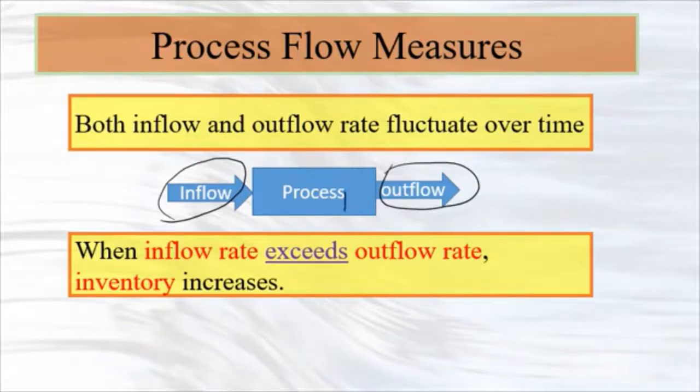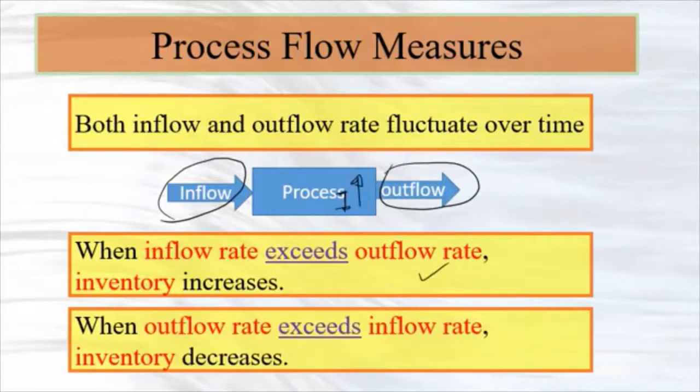So in the first case, I will increase. Now, when the outflow rate is higher than the inflow rate, so more people are leaving the process than entering the process, then inventory is going to go down.